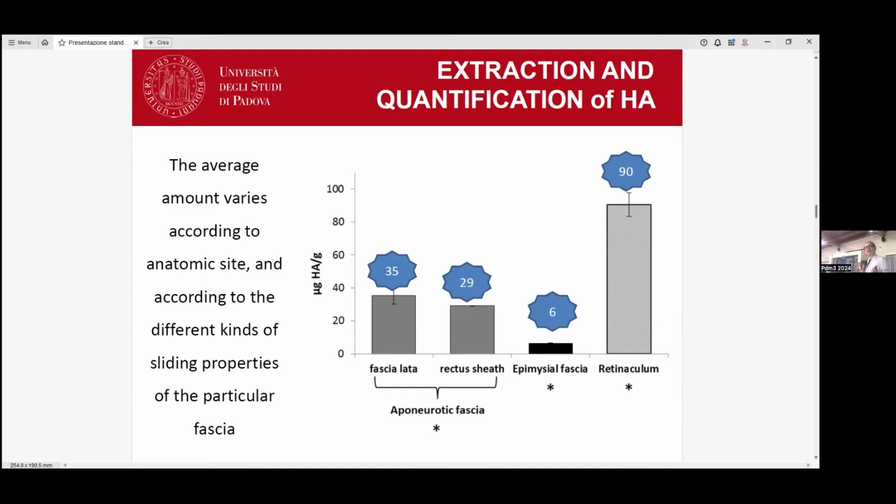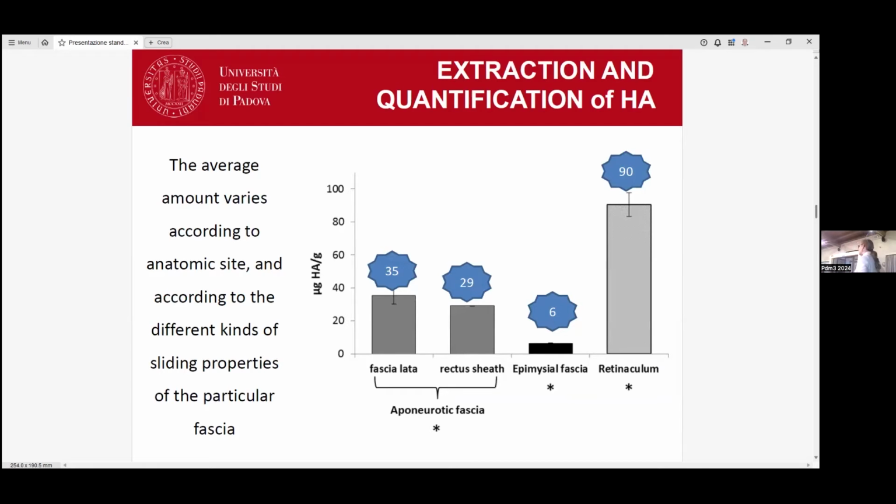In the fascia lata or in the rectus sheath, where we have a pretty good gliding, we have around 30-40 micrograms, and that quantity was confirmed also by many other studies later. In the retinaculum, where we have a lot of movement, where we have the tendon underneath that needs to glide, we have 3 times more hyaluronan.